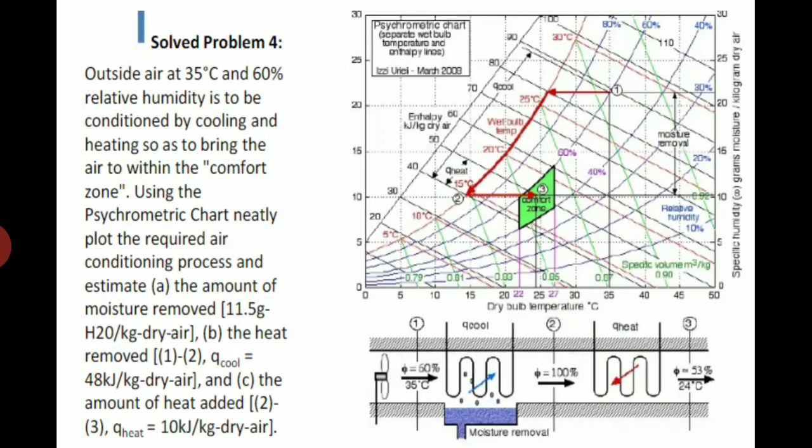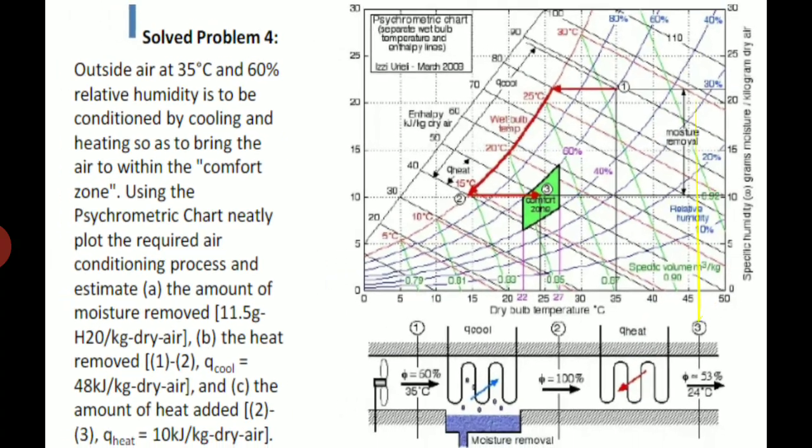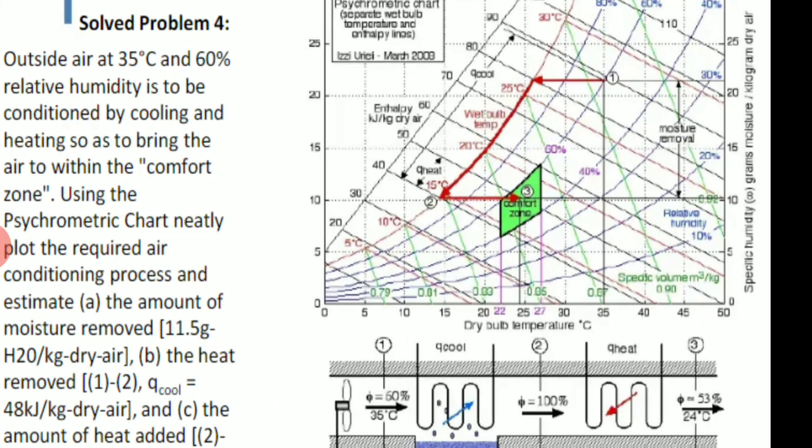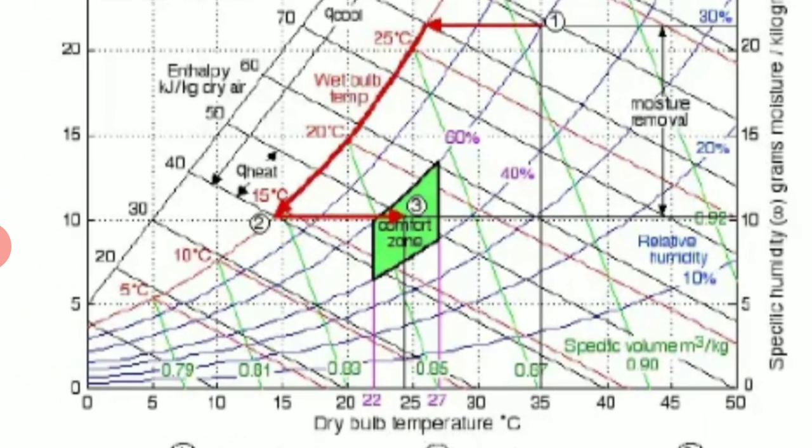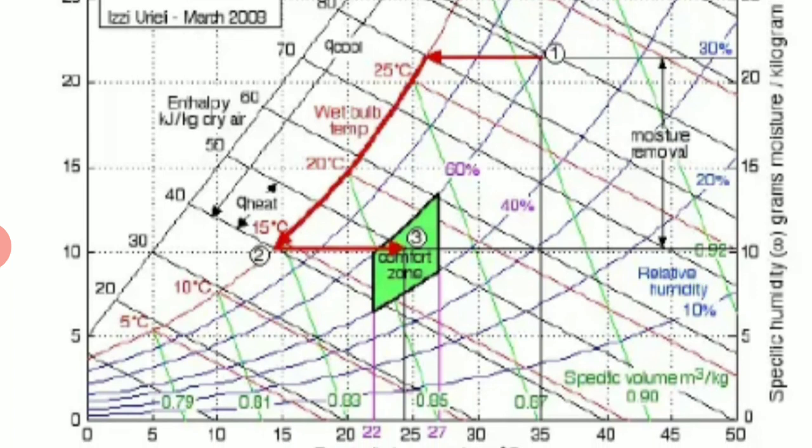After marking the points, you have to obtain the amount of moisture removed. How much moisture has to be removed here? From point 1 to point 3, that is where removal of moisture has taken place.